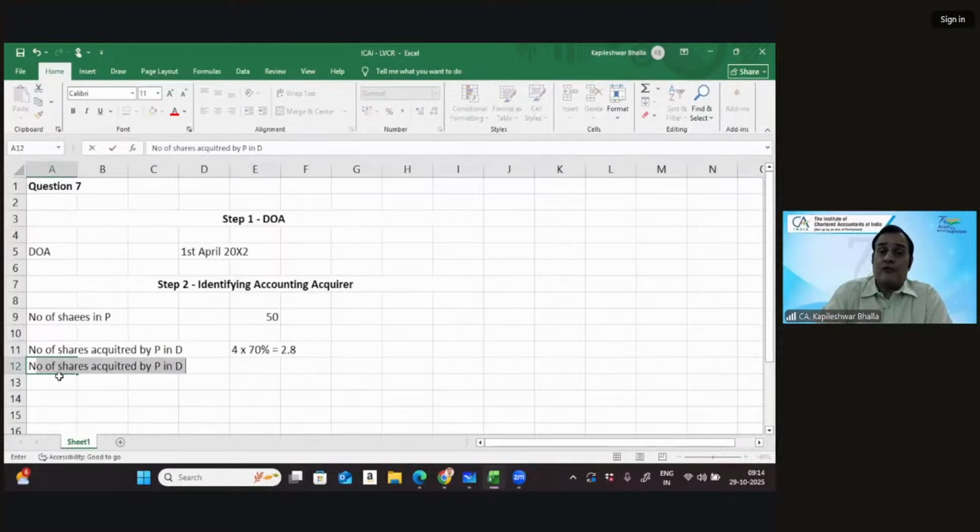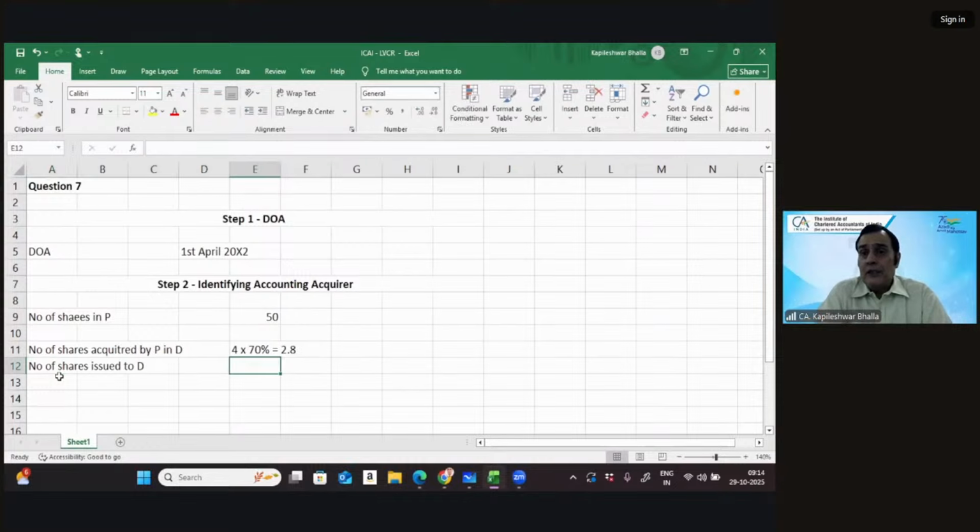But I also want to find out the number of shares issued to the shareholders of D. First of all, I did the calculation of the shares in Dynamic, and we said we acquired 70% of the shares as per the instruction in the question.